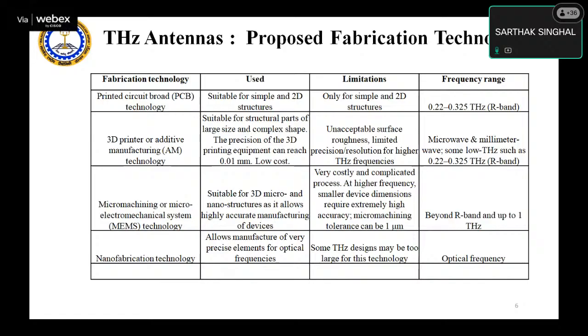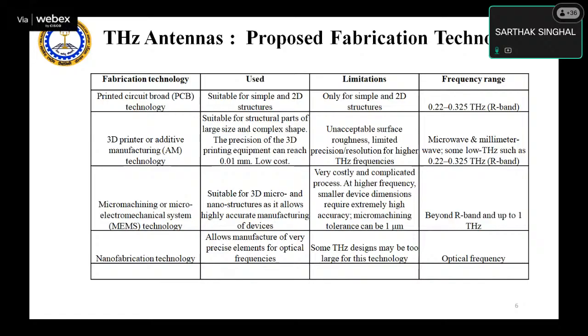Now the fourth technology, which is considered to be more suitable for terahertz design fabrication, is nanofabrication technology. This allows the manufacturing of elements at optical frequencies very precisely, but when we are talking about terahertz designs, their dimensions are in micrometers.